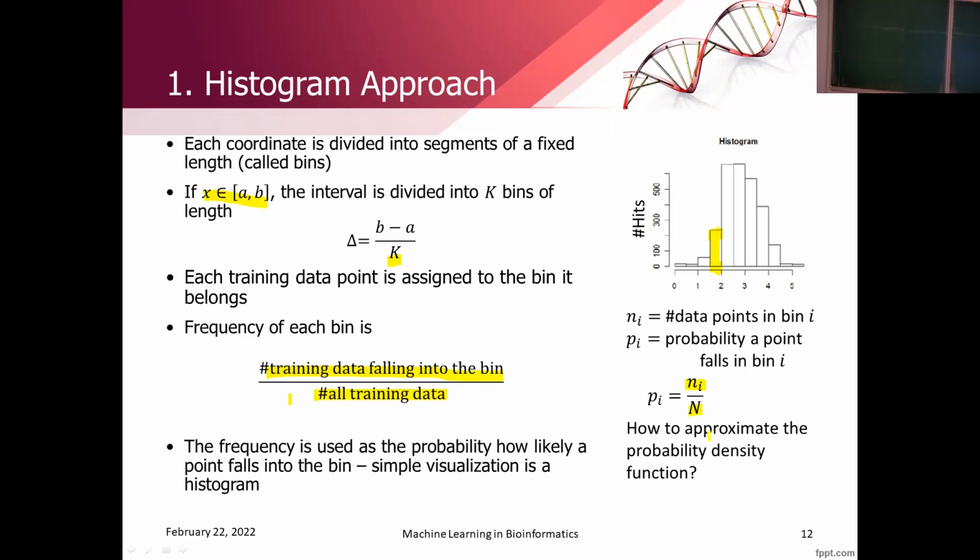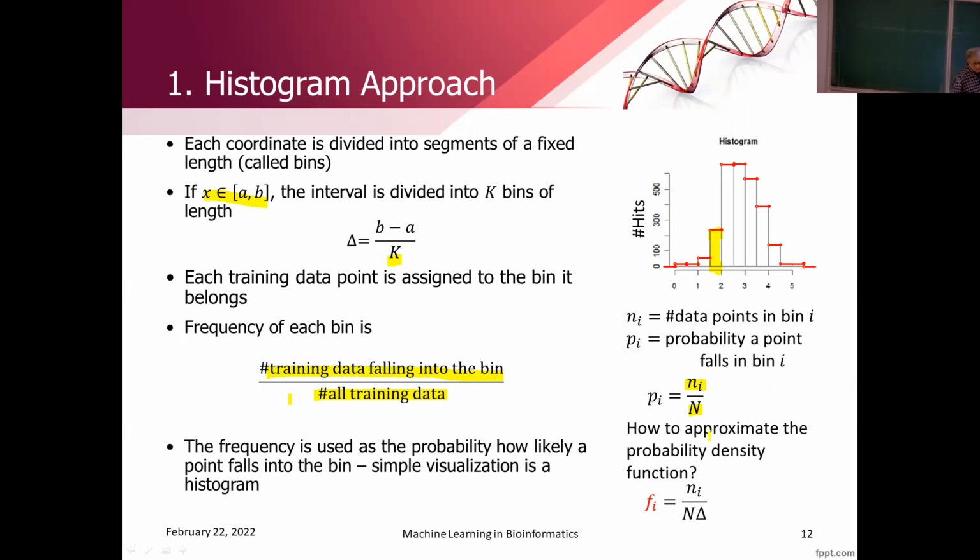But the area of a single bin here is the width of the bin times its height. So if we sum all the heights Ni divided by N together, we obtain 1 times the width of the bin. So in order to have the density function, we must divide it by the width of the bin. So it's so simple.